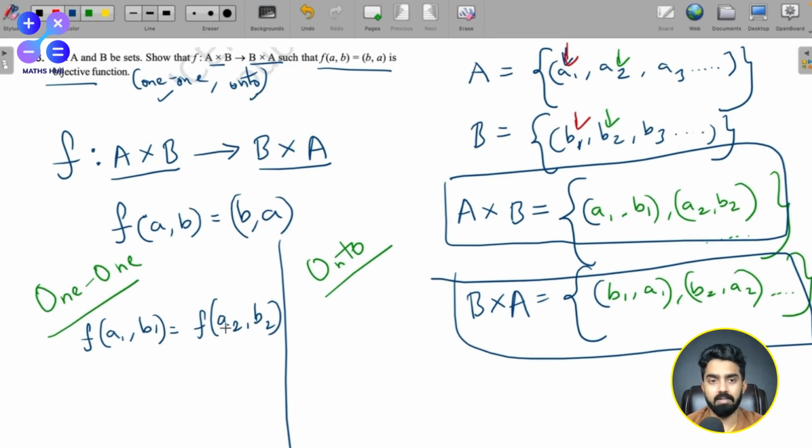Now, if this is true, we need to show that the elements inside are also equal. That's what we used to do earlier, right? f of x1 equals f of x2, then we need to show that x1 equals x2. If two values in the codomain are equal, then it necessarily means they're coming from the same element in the domain, right? So f of (a1, b1) equals f of (a2, b2).